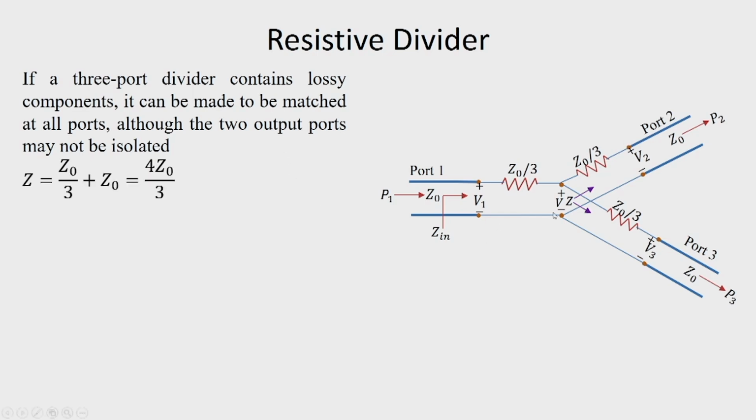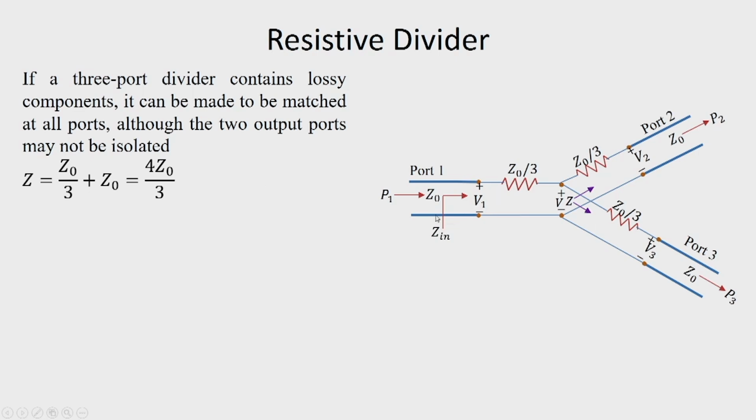If we look at port 2 or port 3 from this junction, then we see an impedance Z which is given by Z0 by 3, the value of the resistance, plus the port impedance Z0. So, it becomes Z0 by 3 plus Z0 equal to 4 Z0 by 3.